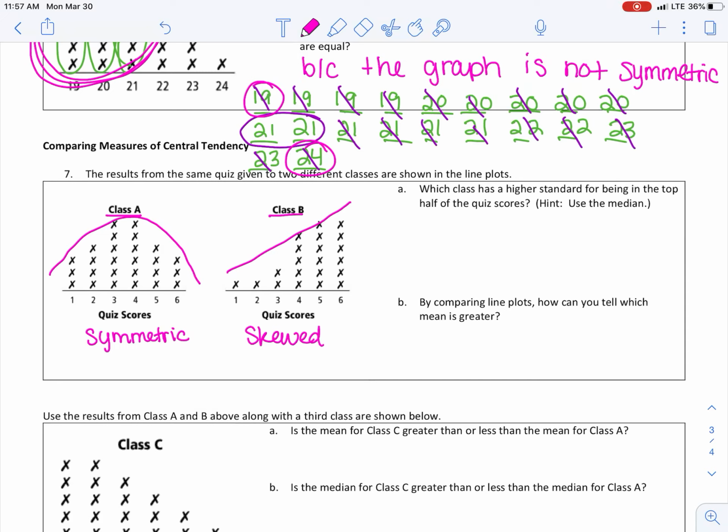Well, more of our data is over to the left here, which means that we're going to have a higher median for class B. Okay, and then it says by comparing the line plots, how can you tell which mean is greater? Well, now we're talking about the average, and since we have more bigger numbers for class B, we can then say that the mean is also going to be greater for class B.